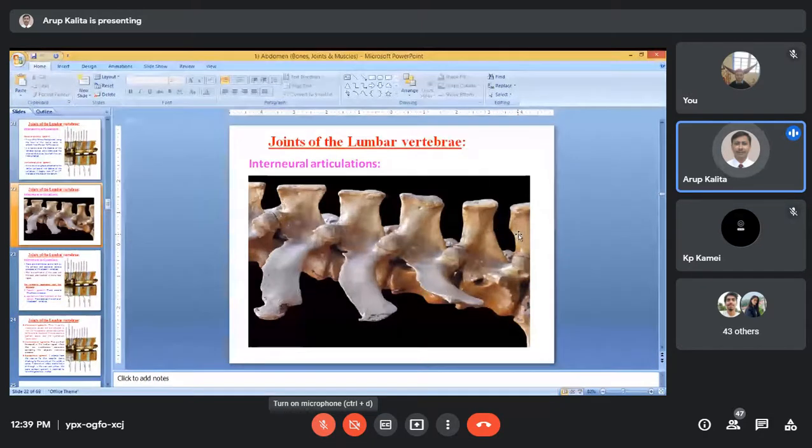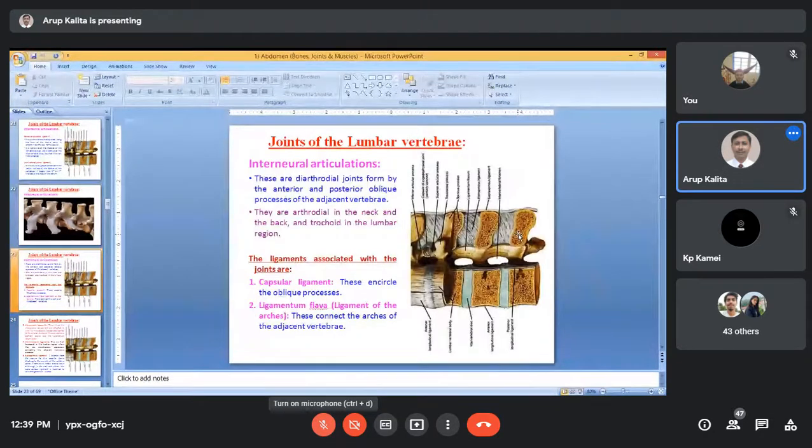Now, what are the components? The components are the ligaments of this joint. First is the capsular ligament. Have you seen this area, the articular processes of two vertebrae, with a joint between them?